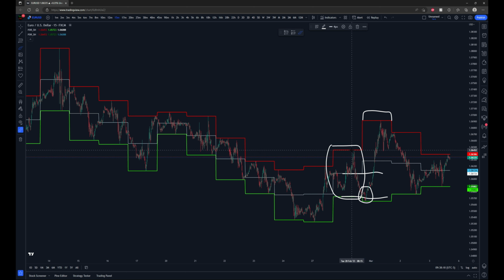So our target could be this previous day's high, or whatever other thing you want to use to determine your profit target, whether it be just a risk to reward ratio or another method of taking profit. Getting in at these lows and having a rule to keep you on the right side of the market for trend bias, as well as a discount. Having a rule to get in at a discount is important.